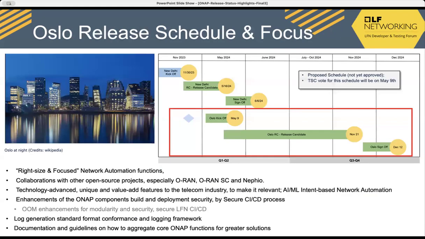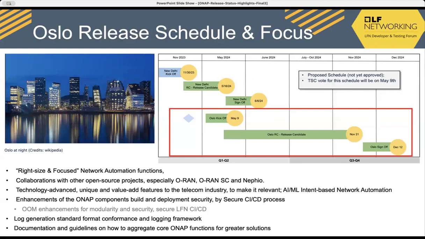So, Oslo release schedule and focus. As I mentioned, New Delhi kickoff was November 30, RC was May 16, and sign off is June 6. That's the New Delhi schedule. TSC will decide whether we approve this schedule or not in the coming weeks.